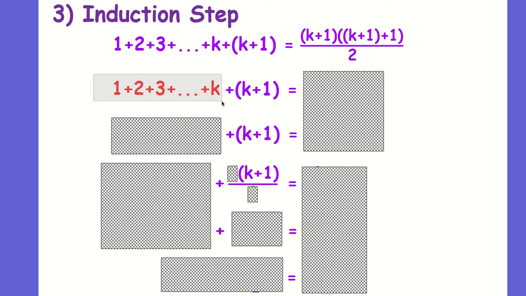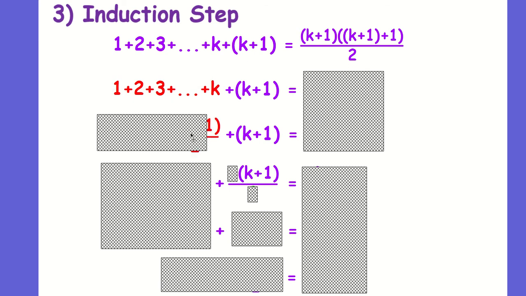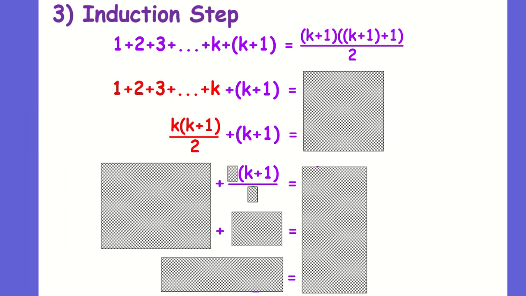See how I put this part in red? Remember, we just got done assuming that this equals that. So hopefully the use of color here helps you out. So this, in fact, does equal that. And now, from here on out, it's pure algebra.